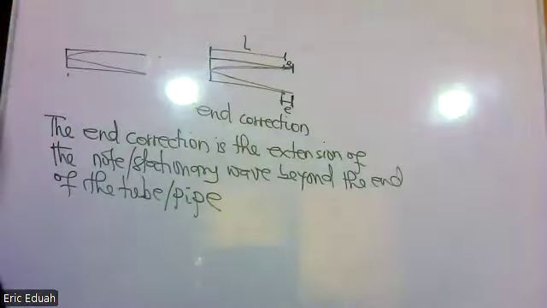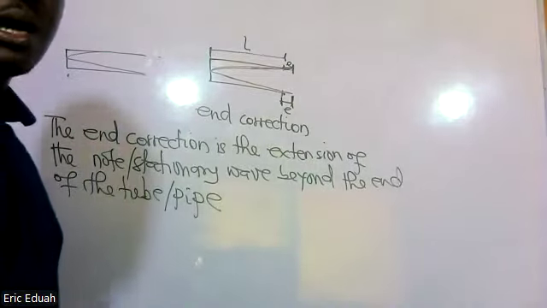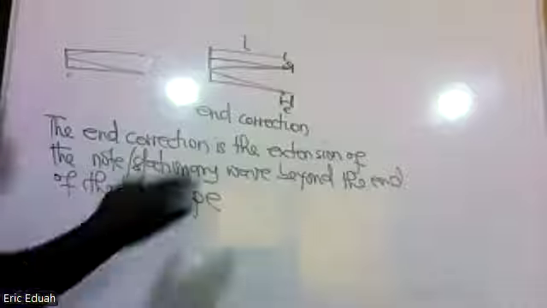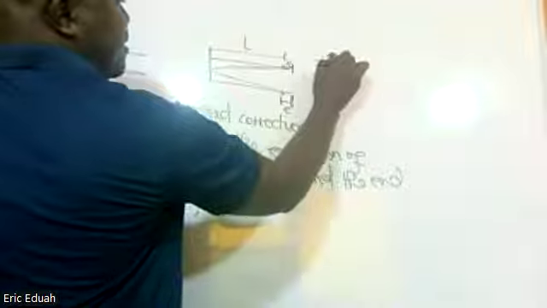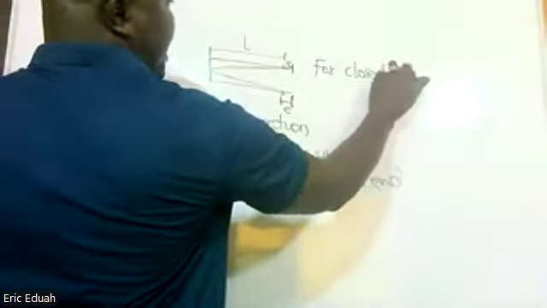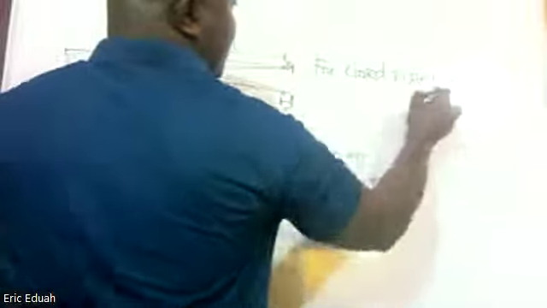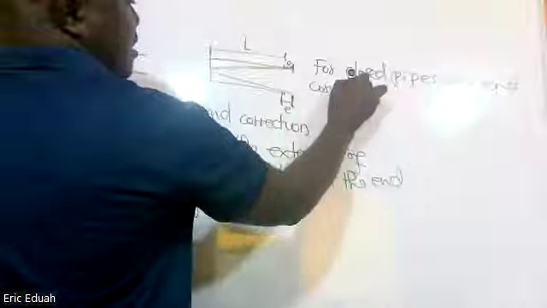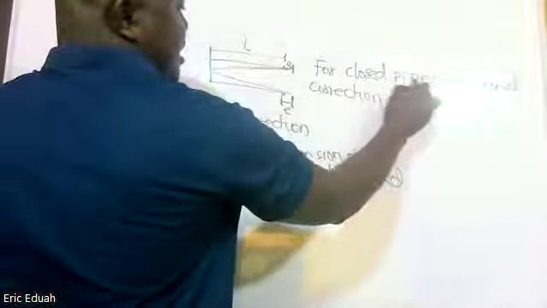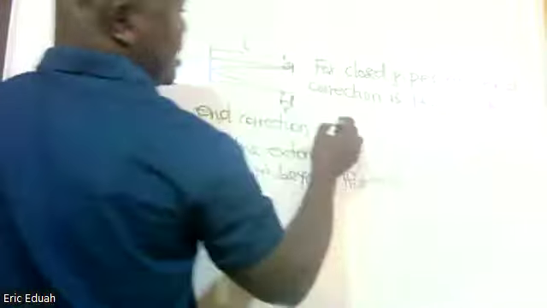Now, if you have a closed pipe, a pipe closed at one end, there is formation of end correction at the open end. So for closed pipes, an end correction is formed at the open end.